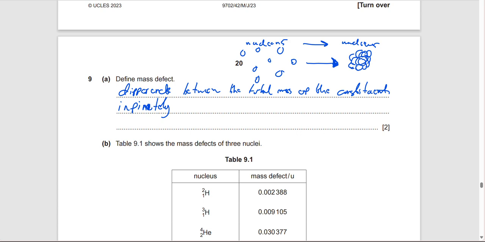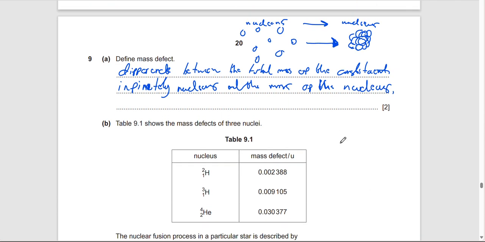Difference between the total mass of the constituent infinitely separate nucleons and the mass of the nucleus. And that's it. Okay.